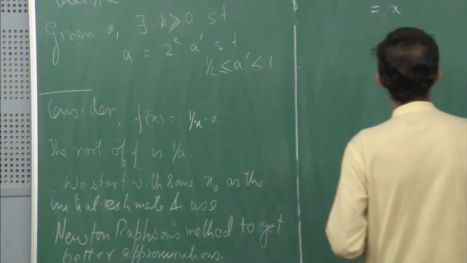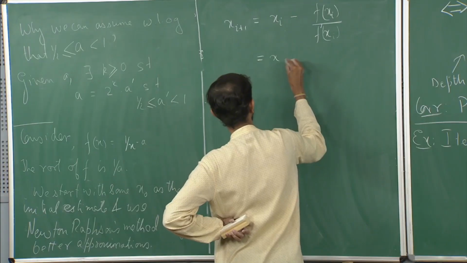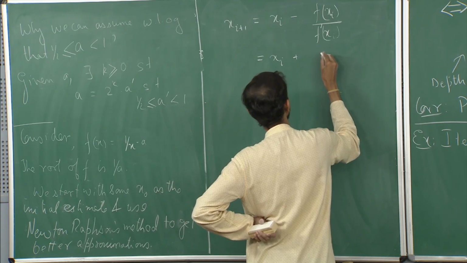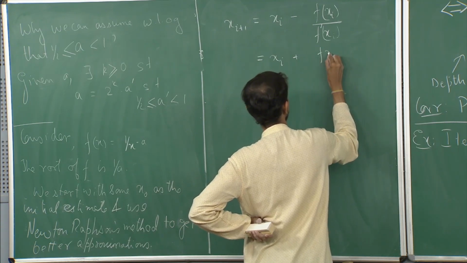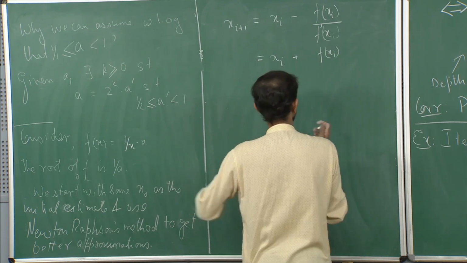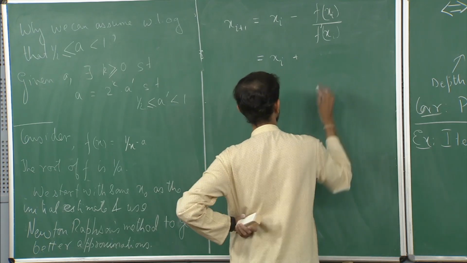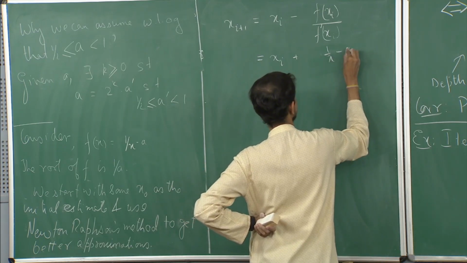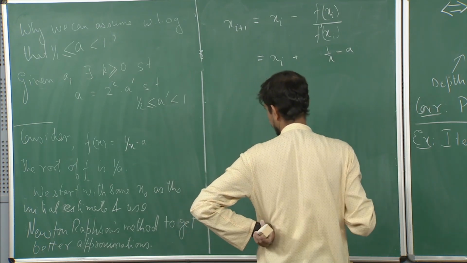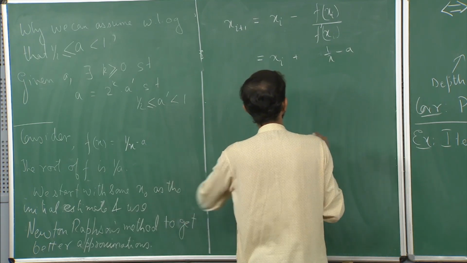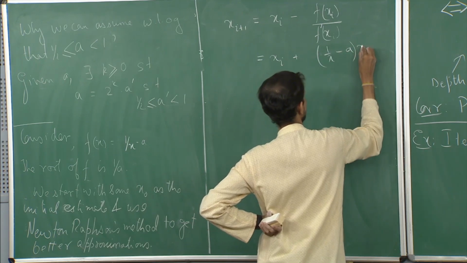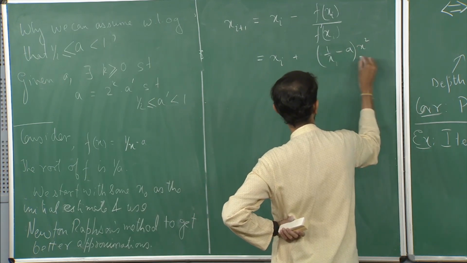So then this will be xi plus f of xi, which is nothing but 1 over xi minus a, now divided by the derivative, which is minus 1 over x square. So this becomes a plus, and I get x square over here.